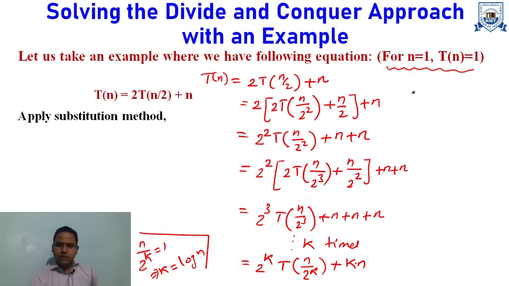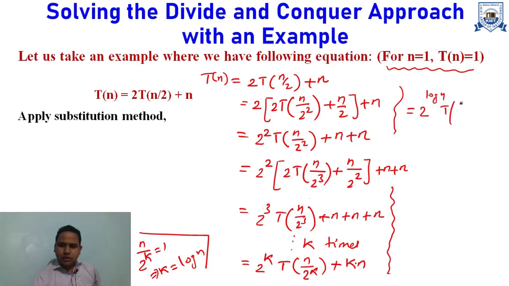So let's replace the value of k here. The equation will become 2 power log n, that is n, times T of n by 2 power k, which is T of 1, so it becomes 1, plus k into n, where k is log n, so it becomes n log n.